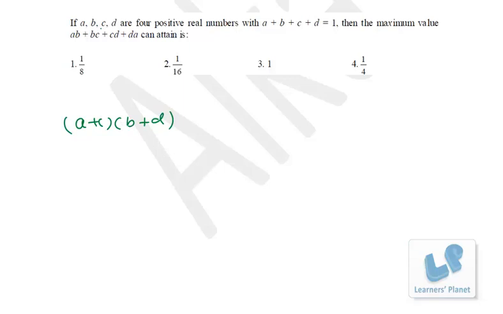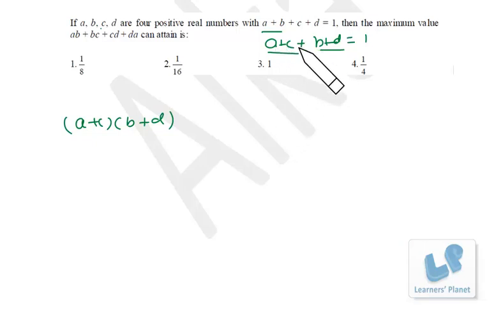So precisely we have to find out the maximum value of this expression, right? Now we have A plus B plus C plus D. I'm sorry, A plus C plus B plus D is equal to 1. I consider this as one term and this as one term. Okay, now we know arithmetic mean of numbers is always greater than equal to their geometric mean, right?